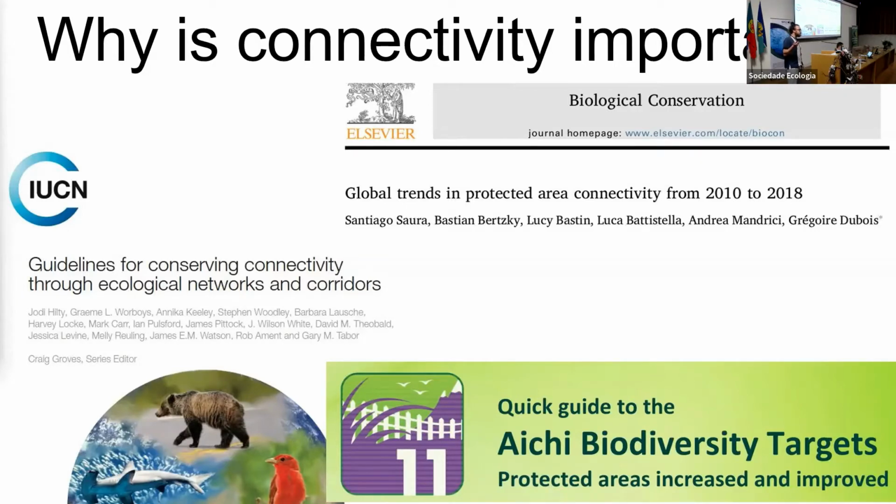So the Convention on Biological Diversity, for example, is really strongly considering how best to conserve connectivity in its upcoming biodiversity framework. And NGOs like the IUCN have been producing guidance documents on how to ensure that protected areas function best by connecting them to the landscape and to other protected areas.